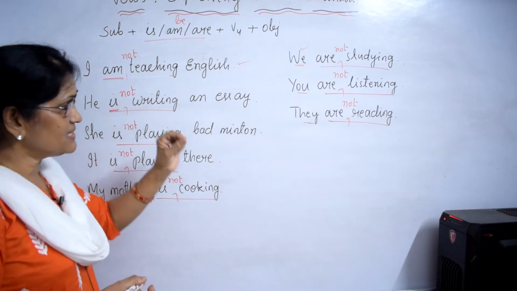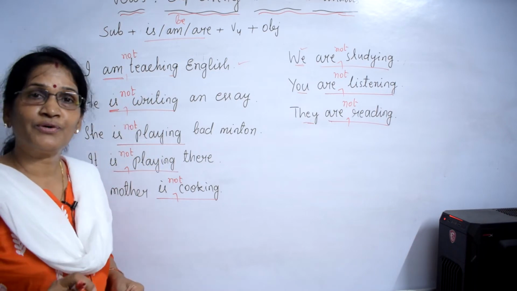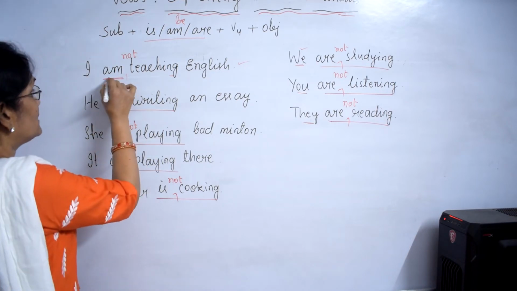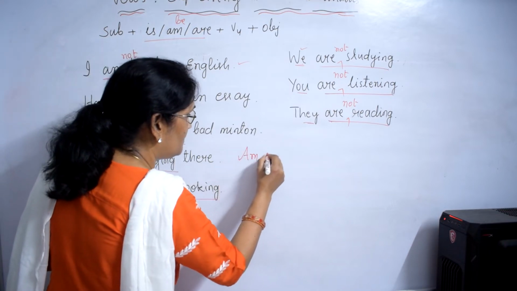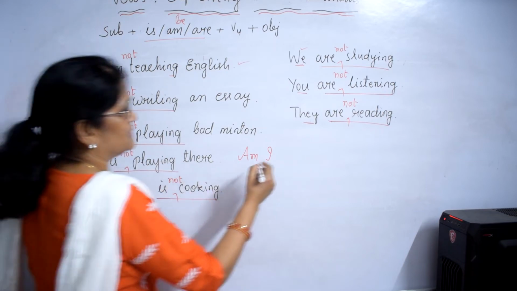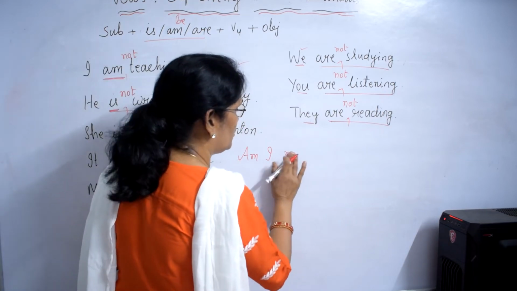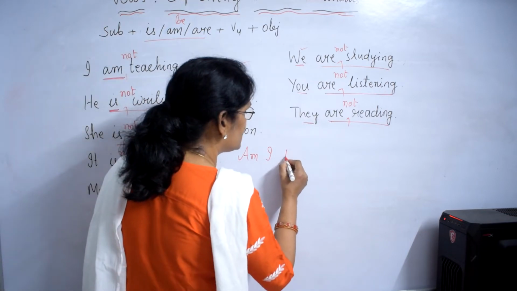When you change the sentence into interrogative, that auxiliary verb will go to the front. So take it to the front. Am I? Am, then subject. Am I? Not teaching, sorry, not negative, only interrogative. Am I teaching English?